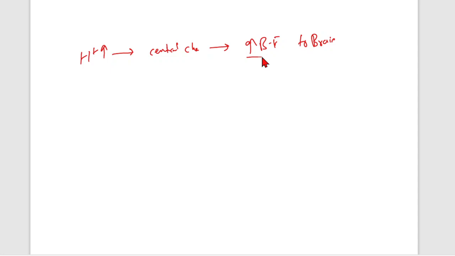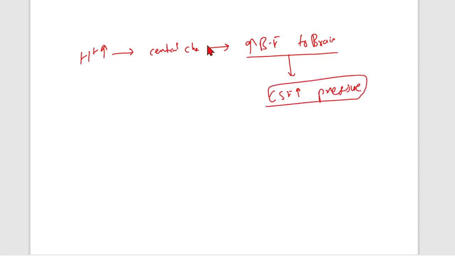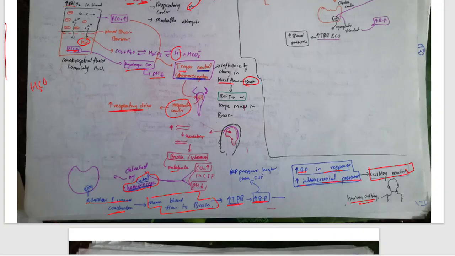One function: when blood flow to the brain is increased, the cerebrospinal fluid volume or pressure is increased, more blood goes toward the brain and the pressure is increased in the brain. You have to remember this. Another, with more blood flow, the hydrogen ion becomes normal here.